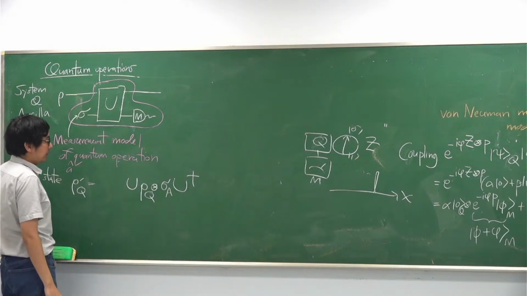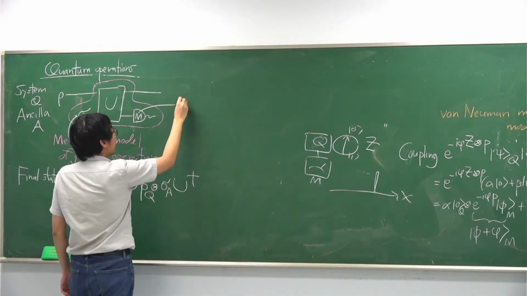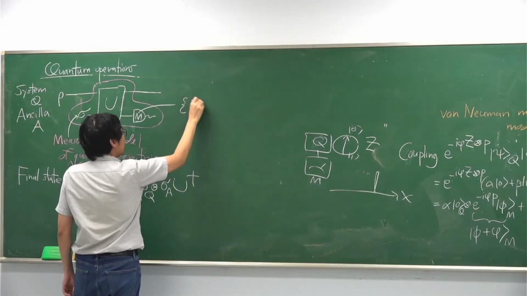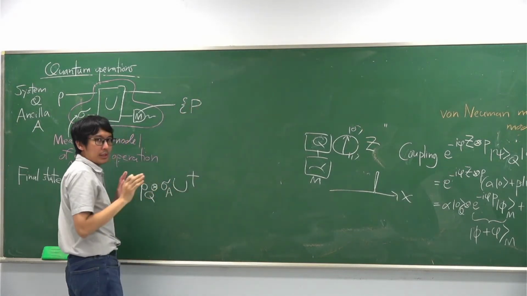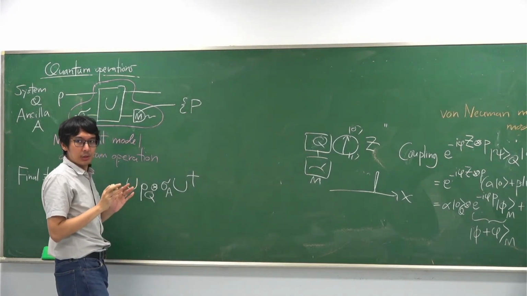And then you measure it, or do I want to trace out, or do I want to measure? Let's say that this measurement is described by projective measurements. It turns out we don't have to go beyond this and use POVM.